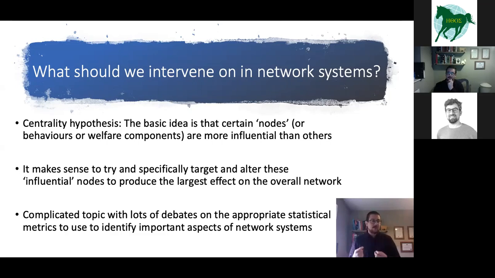However, if there is a signal failure at a large London station that is connected to lots of different stations and has a high stream of train traffic, then if something goes wrong at that station, that's going to have a much larger effect propagating out on the network. It's that sort of idea that leads us to think about how we might use this network approach to identify how to intervene in network systems.